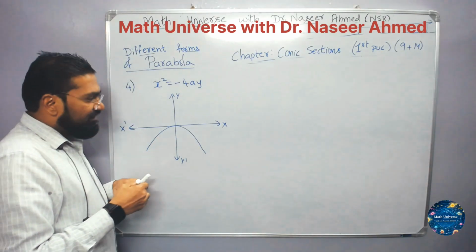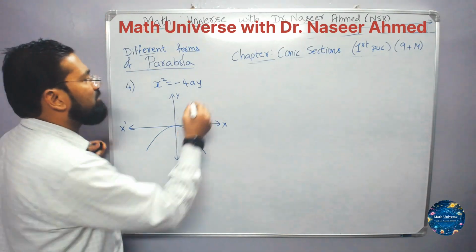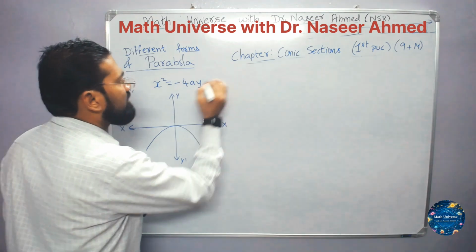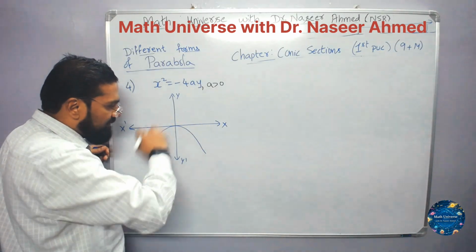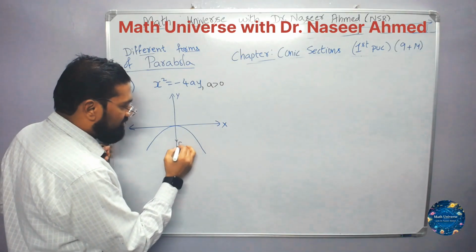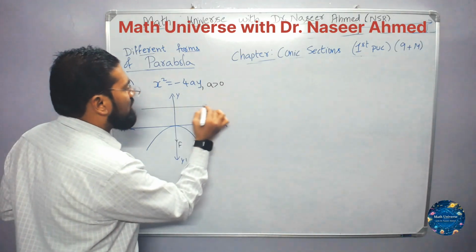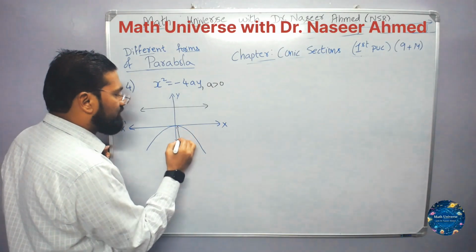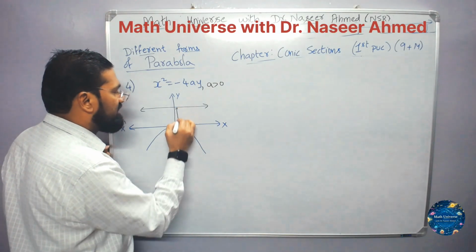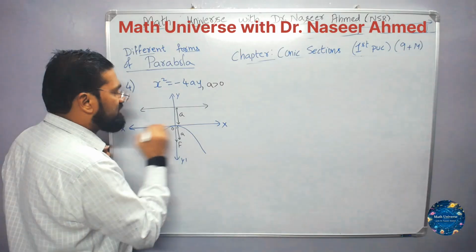Again a is always positive, undoubted. Now again, where is the focus? Inside the mouth of this parabola, the crocodile. Opposite to the closing mouth is the directrix. The distance from here to here is a, and again from here to here is a. And this is the origin.